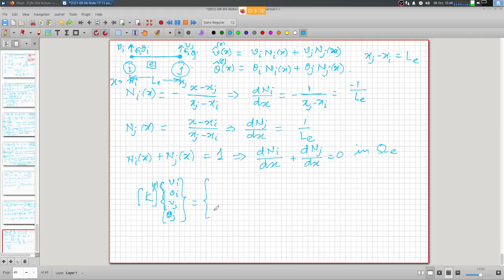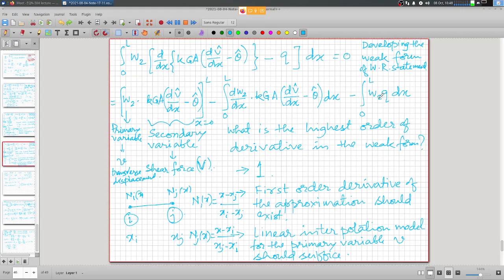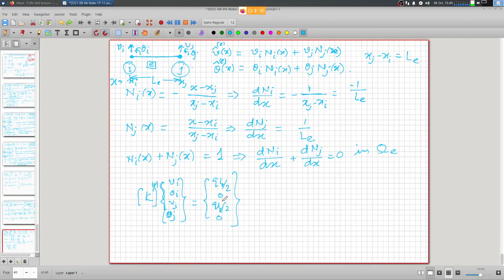So you have QL by 2 and 0, QL by 2, 0. That is what the loading terms are going to be, right? You can work out this integral for Ni and Nj, and that is what the terms are going to be: QL by 2, so Le.